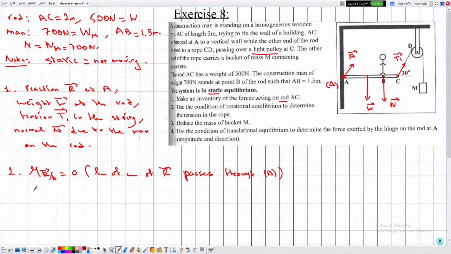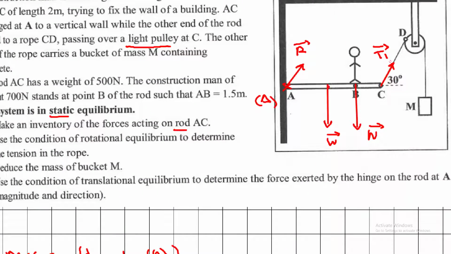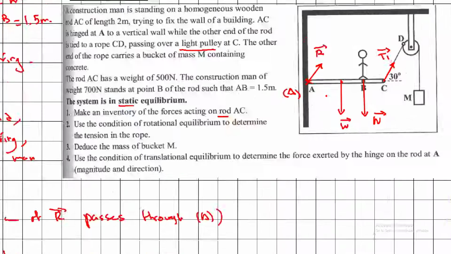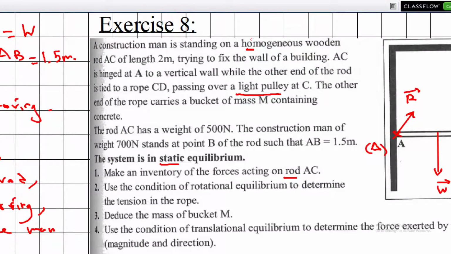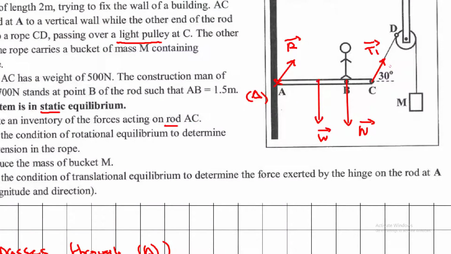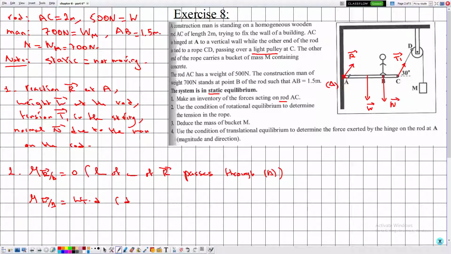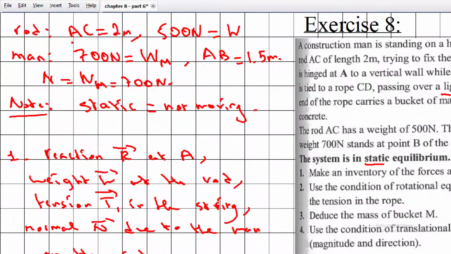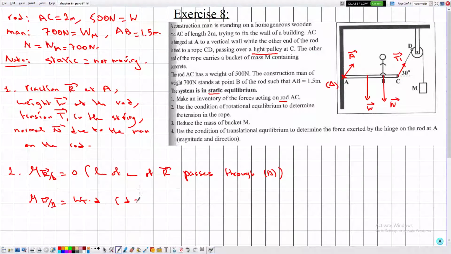Now we need to calculate the moment of the weight around the axis delta, which is given by the weight tangential multiplied by d. D is the distance between the point of application of the weight and the axis of rotation. Because this rod is homogeneous, this distance, which is to the center of gravity, will be half the length of the rod, which is 2 divided by 2, equal to 1 meter.